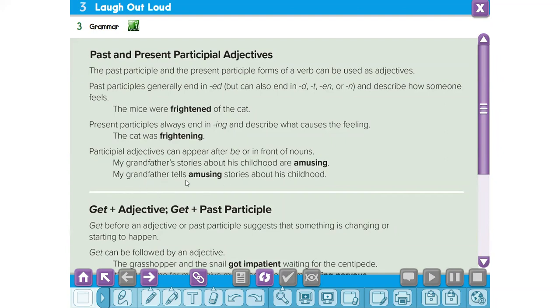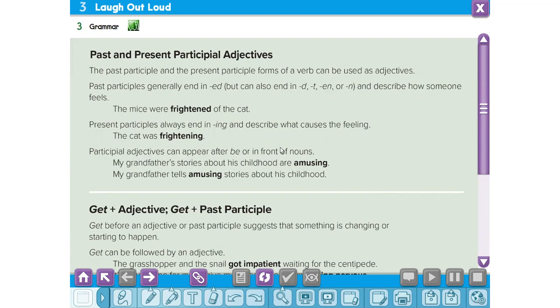My grandfather tells amusing stories about his childhood. Here, we describe stories by the word amusing, and we placed amusing before the noun. So, participle adjectives can appear after the verb to be or before nouns.